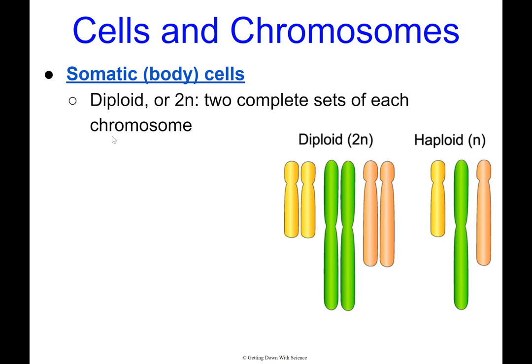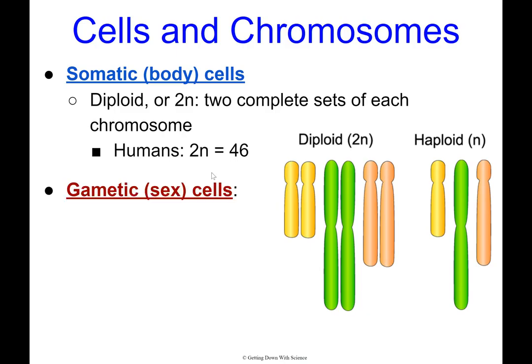These are typically going to be diploid, or 2N, which means we have 2 complete sets of each chromosome. We have one from mom, one from dad for every single chromosome. We haven't split them. We haven't reduced anything. So in humans, 2N is 46. That would be 23 pairs.